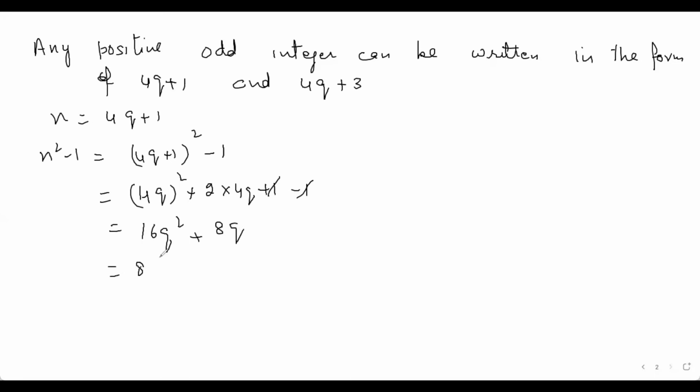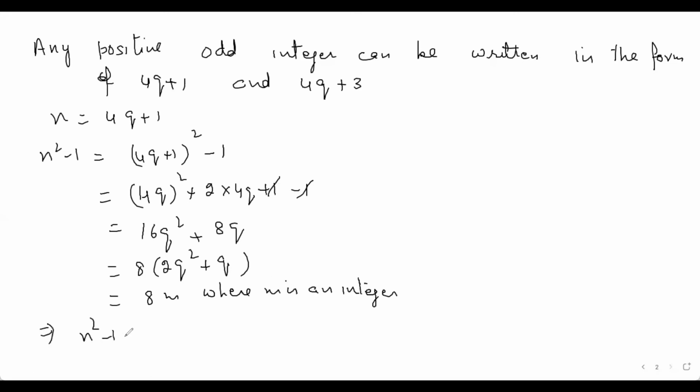Take 8 common, 2q square plus q. That is 8m, where m is an integer. It implies n square minus 1 is divisible by 8. It means n square minus 1 is divisible by 8 if n is an odd integer.